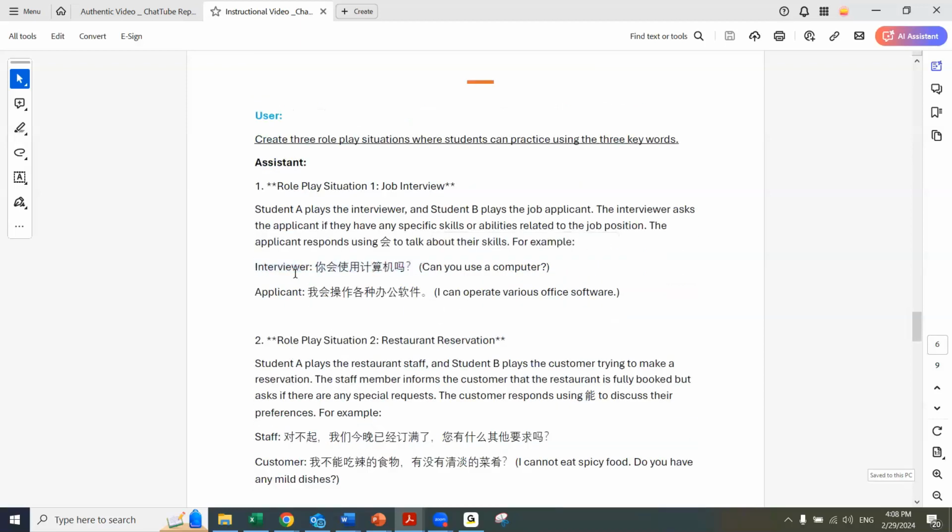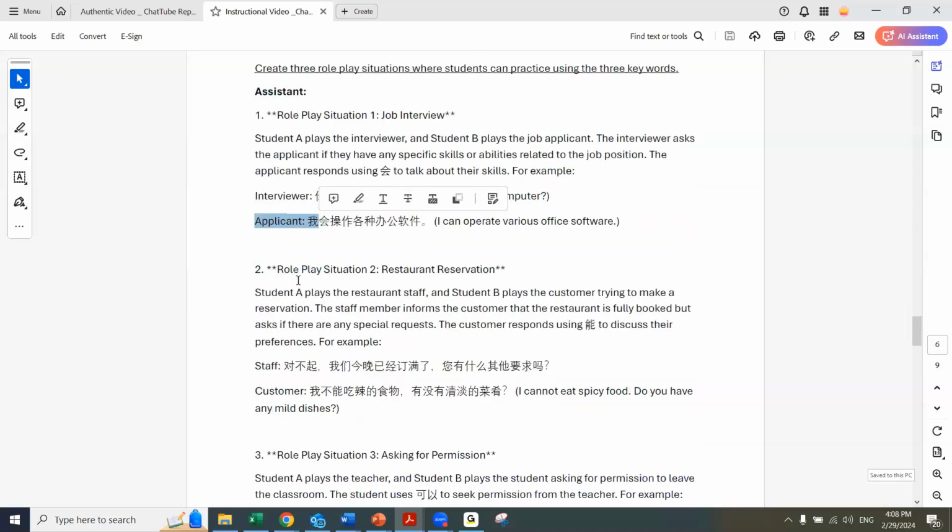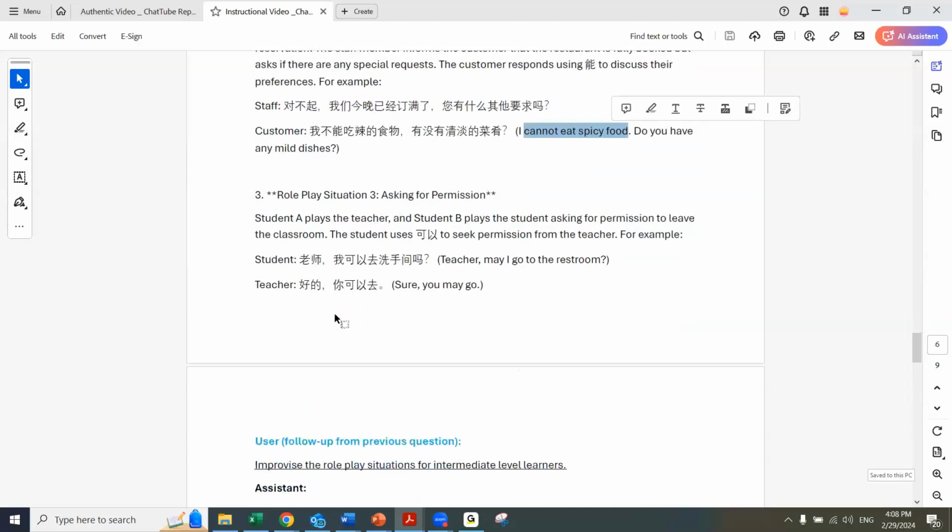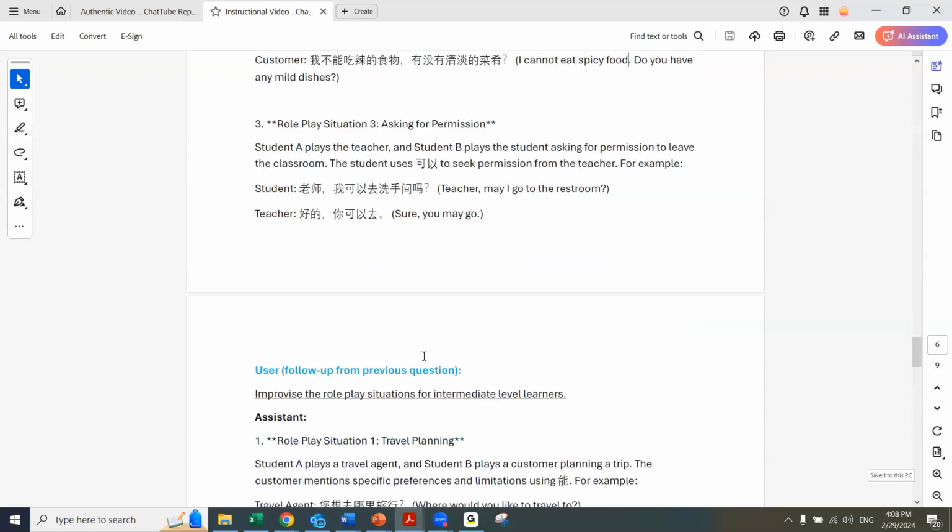It actually gave student A a role, student B a role, one is interviewer, one is applicant. And if it's a restaurant reservation, one is a staff and another one is a customer. After that, I also wanted to see if they can distinguish different levels for me.